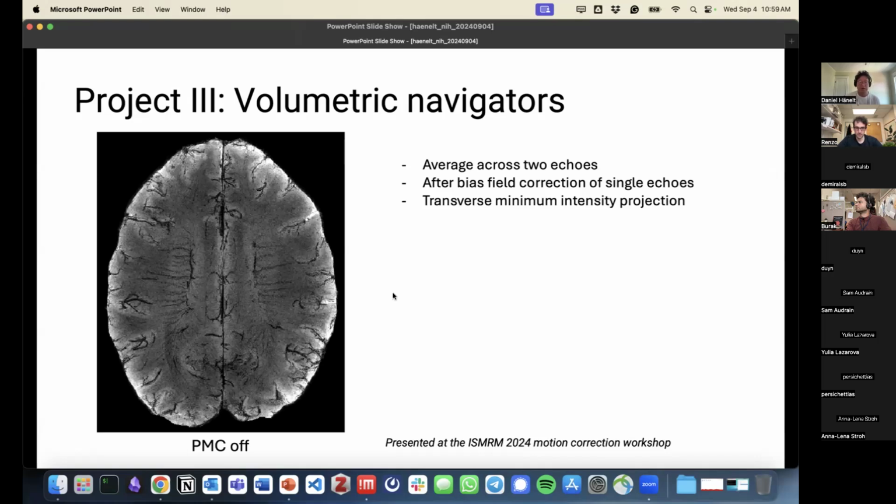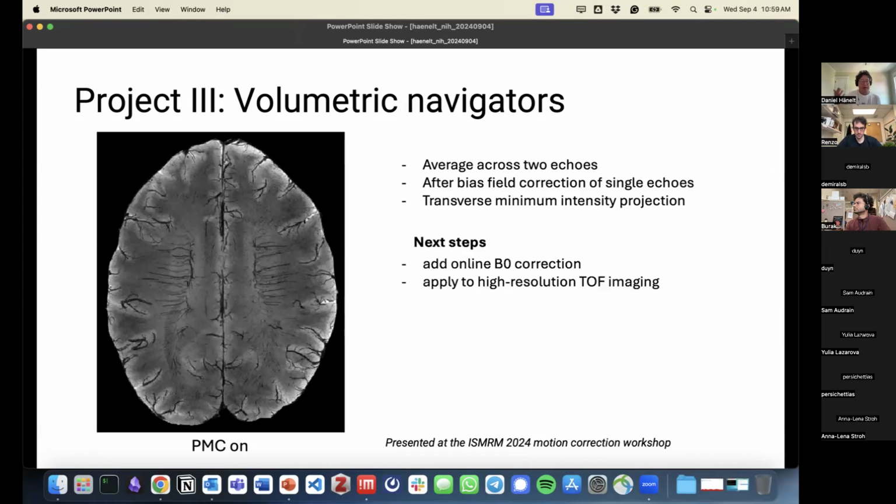If we turn on prospective motion correction, we see an improvement in image quality. This encourages us to use this technique now for the acquisition of our time of flight and QSM data. As next steps, Robert Frost is mainly working on implementing new features to the sequence.